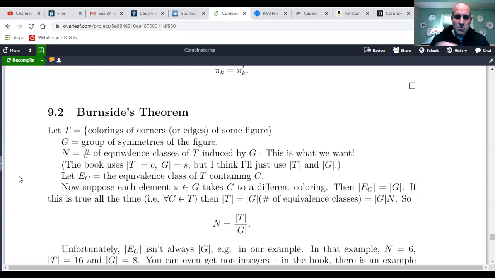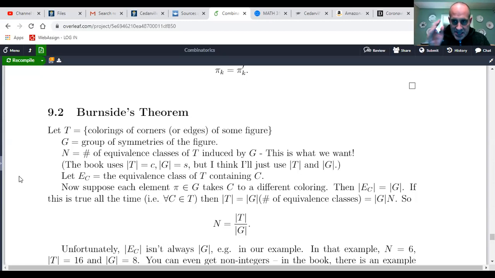If that were possible, then I would have been able to compose those permutations to get a new permutation that would have moved me from C to that thing. So I really can just hone in on one coloring, look at where all the elements of the group actually send me, and that's going to be everything in the equivalence class.